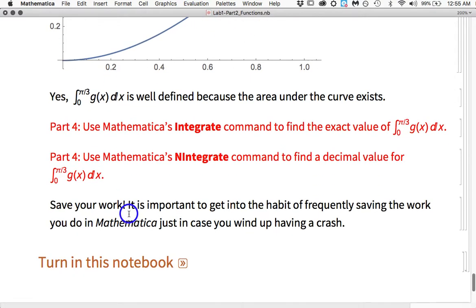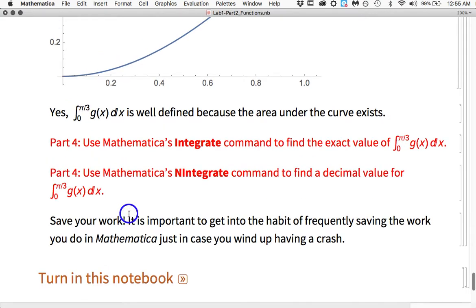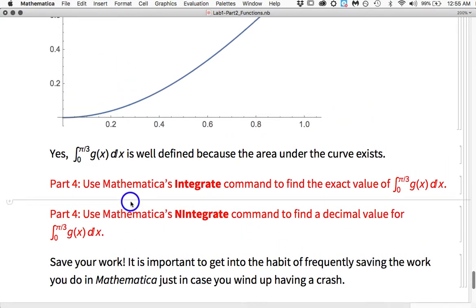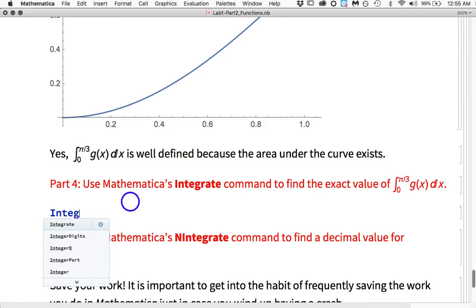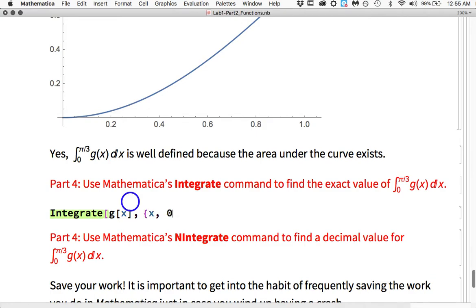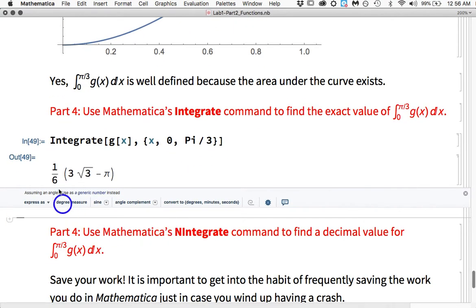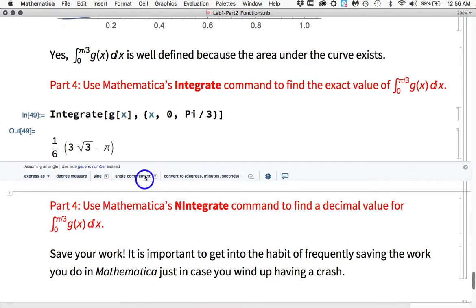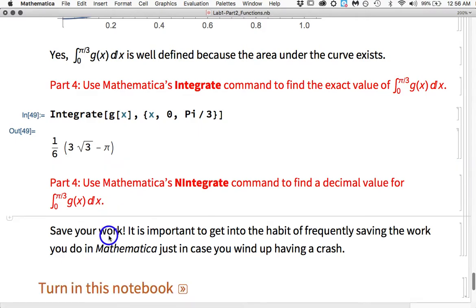Now I want to simply find the exact value of that area. Well, that would be integrate. What do I want to integrate? Its name was g of x. I want to integrate between 0 and pi over 3. And that is the exact value, and you'll notice that it has a square root of 3 in it, so this is an irrational number.